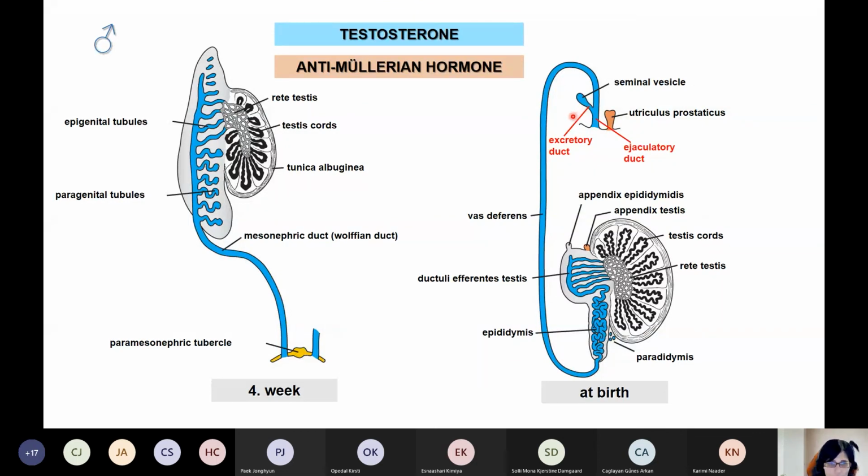On this slide, we can see also remnants of the Mullerian duct. So in males, the Mullerian duct regresses. Only the prostatic utricle, the utriculus prostaticus, and the appendix testis will remain, and they are only embryological remnants.